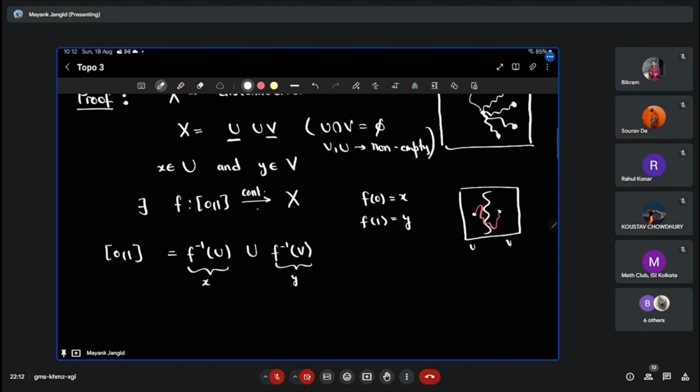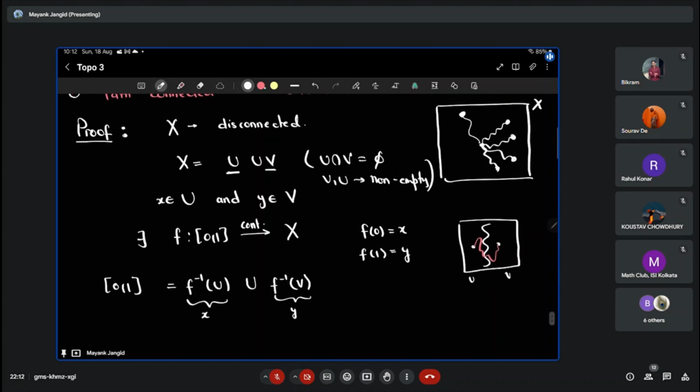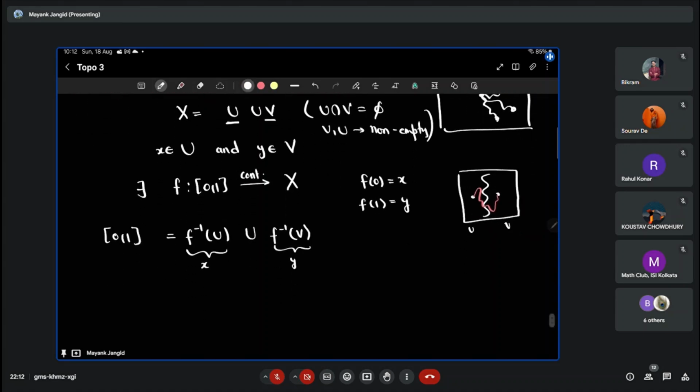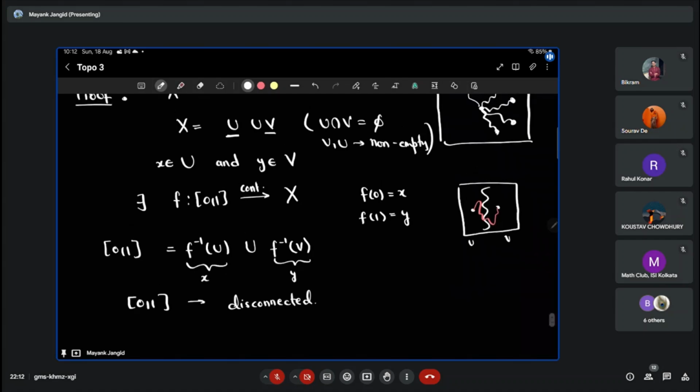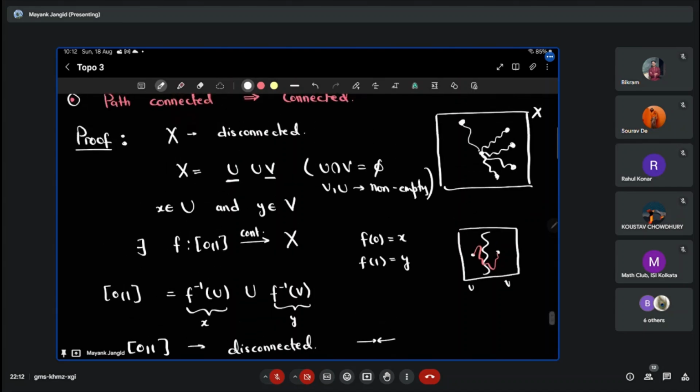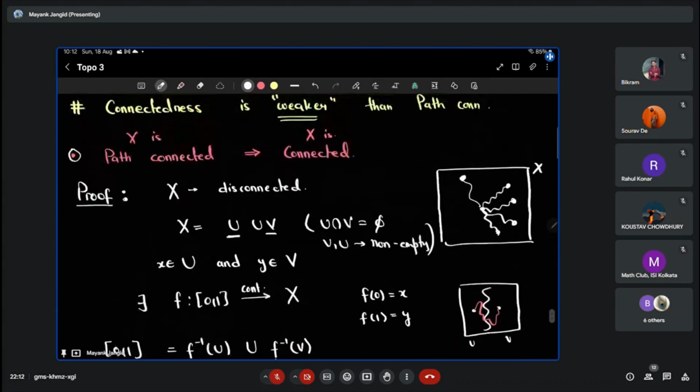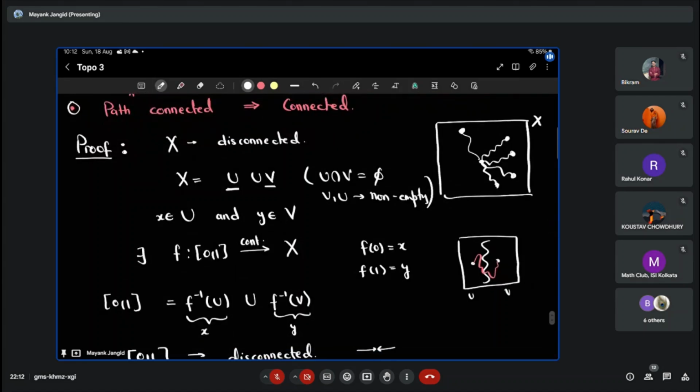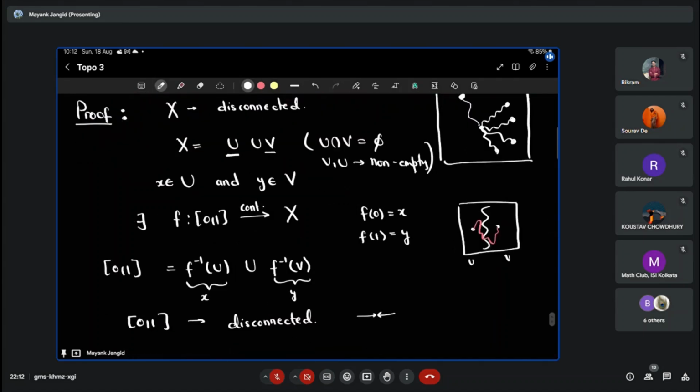Therefore, if we assume that x is disconnected, then we get that 0, 1 is also disconnected. But we proved earlier that this is a connected space, so this is a contradiction. Therefore, path connectedness always implies connectedness. Every path connected topological space is a connected topological space.